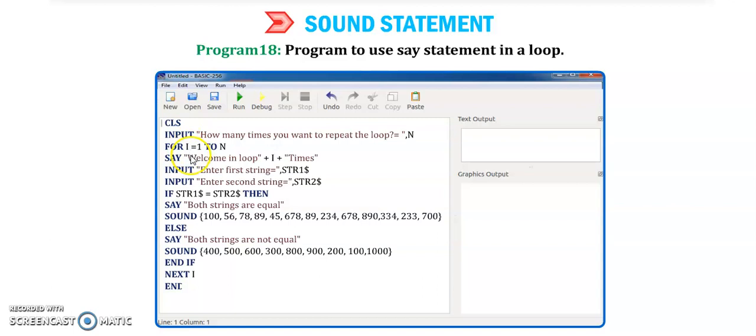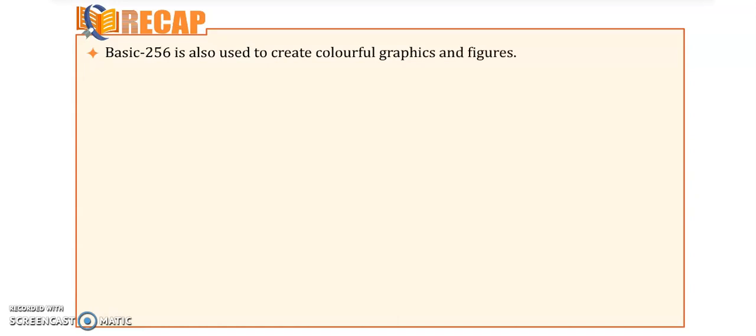It will continue from 1 to 10. Suppose we give the value of n as 10, it will execute 10 times. Now you can run. It will ask how many times, so you have to give the value. After that it will say the message accordingly.